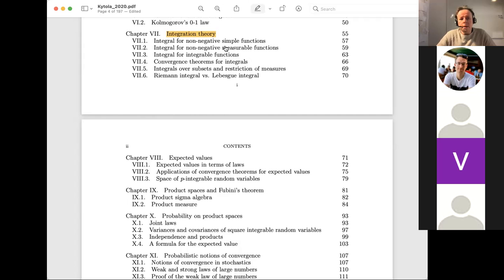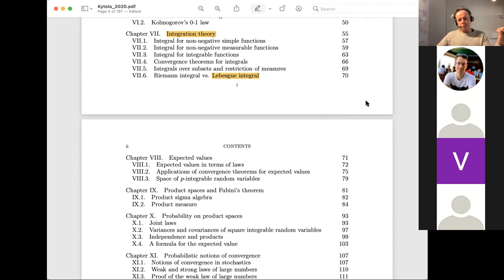So what does an integral mean? There are actually a few different definitions of integrals, but there's one which is the standard one, and that is called the Lebesgue integral. So this week is devoted to learning how to define and understand what a Lebesgue integral is and how to calculate with that.